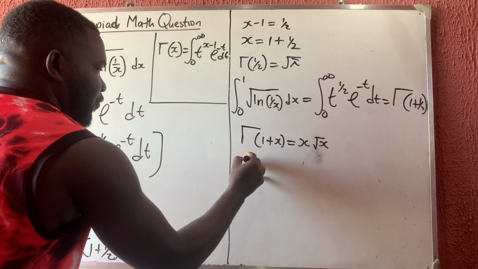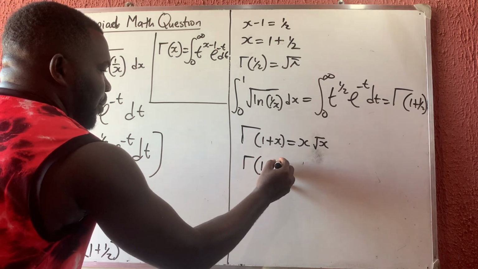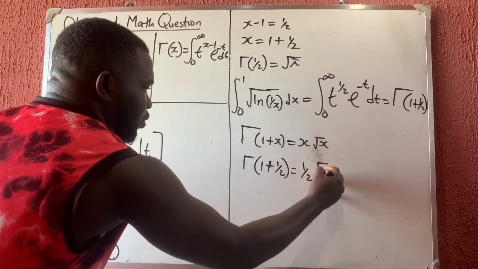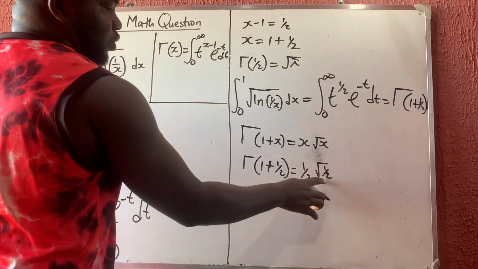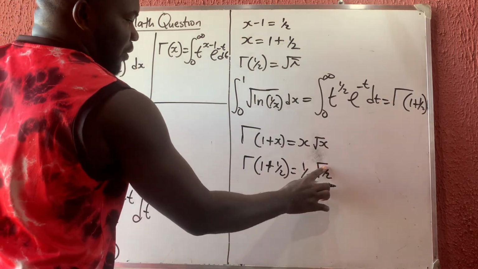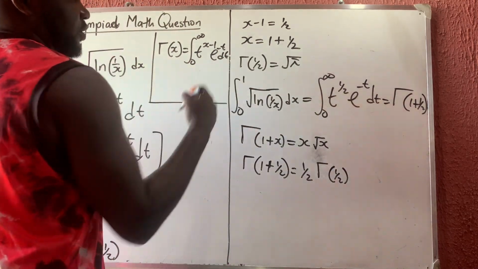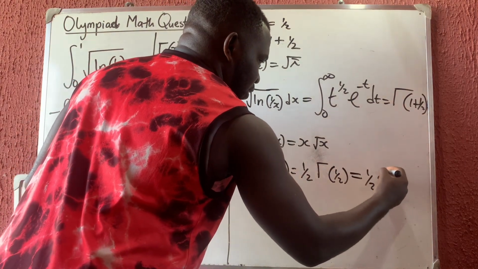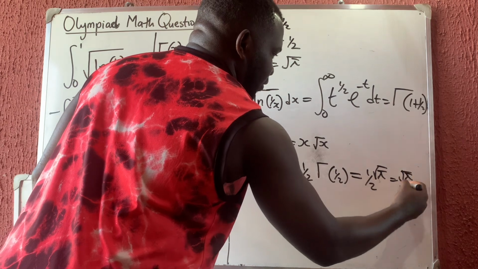So the gamma function of 1 plus half is the same as half times the gamma function of half. And don't forget that the gamma function of half is square root of pi. So this is now equal to 1 over 2 square root of pi, which is the square root of pi over 2.